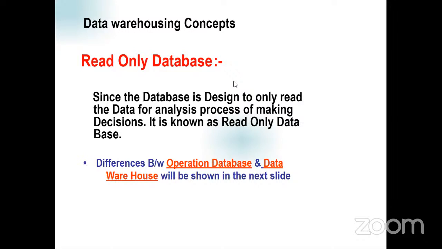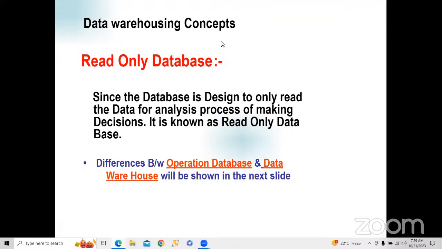Now let's discuss the differences between operational databases and data warehouse databases. What is meant by operational databases? That is an OLTP system. Where are these OLTP systems available? Any idea, guys?